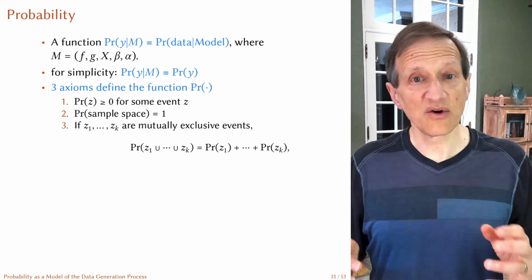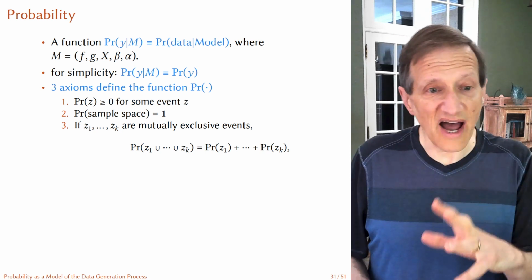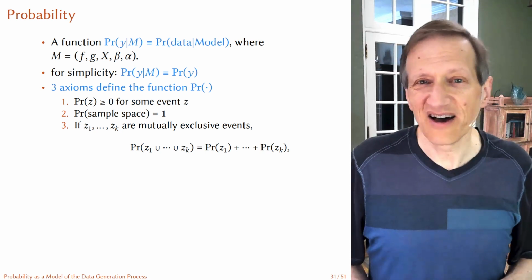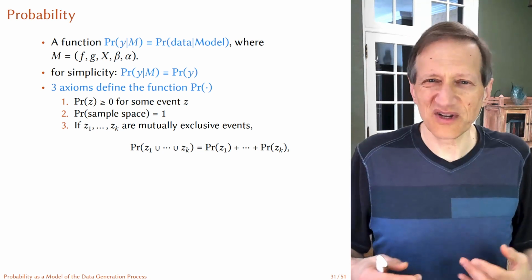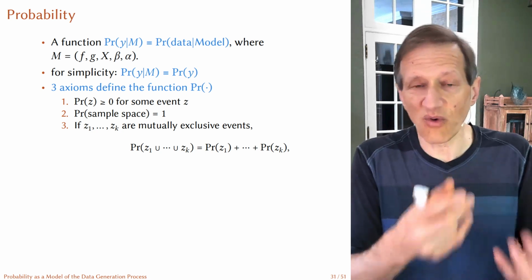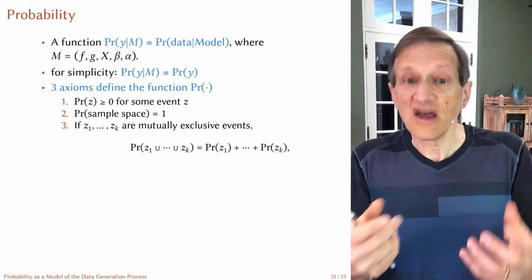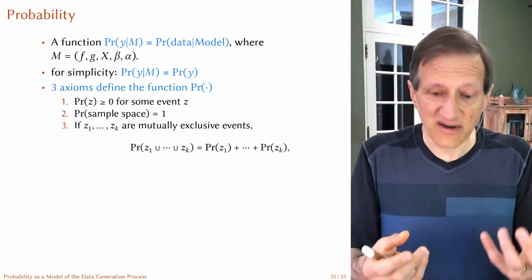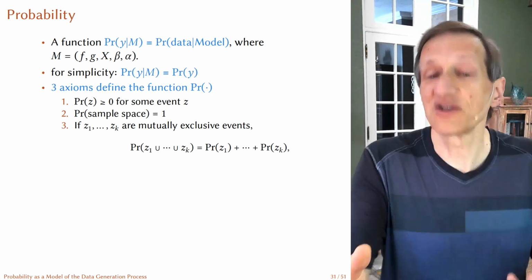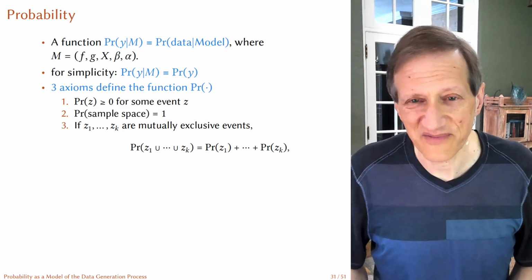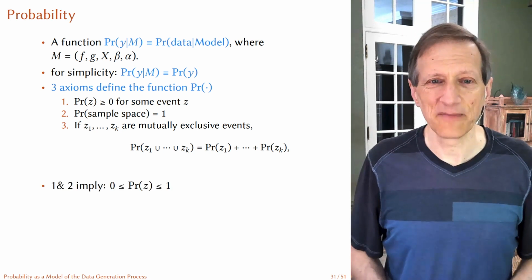If you're rolling a die and there's 6 possible outcomes, each one has the probability of 1/6 of turning up. And if you want to know the probability of a 1 or a 2, since they don't overlap, it can only be either a 1 or a 2 or one of the other options. The probability of a 1 or a 2 is the probability of 1, which is 1/6, plus the probability of 2, which is 1/6. And so the probability of a 1 or 2 is 2/6. Okay, so that's all that's saying.